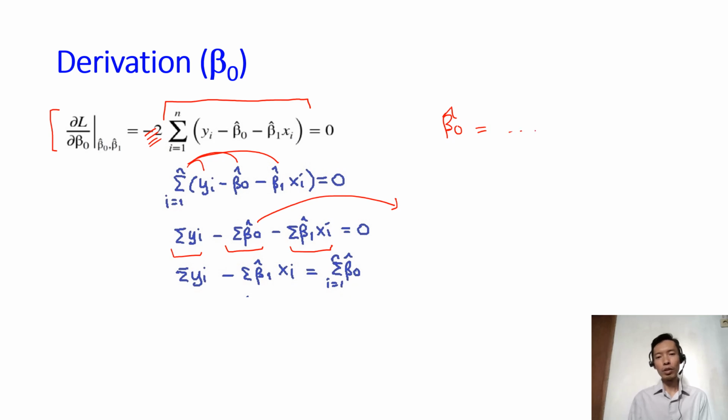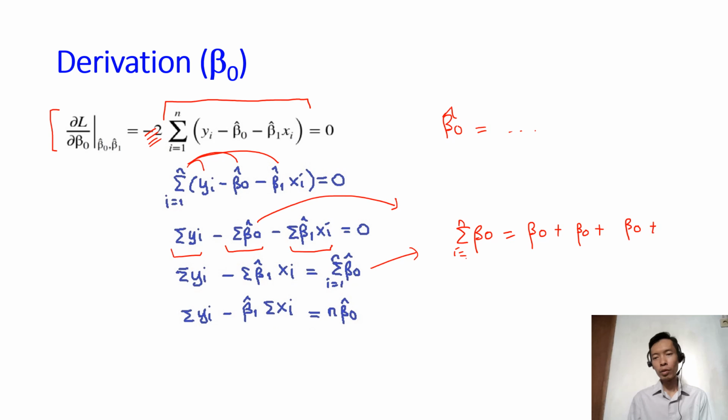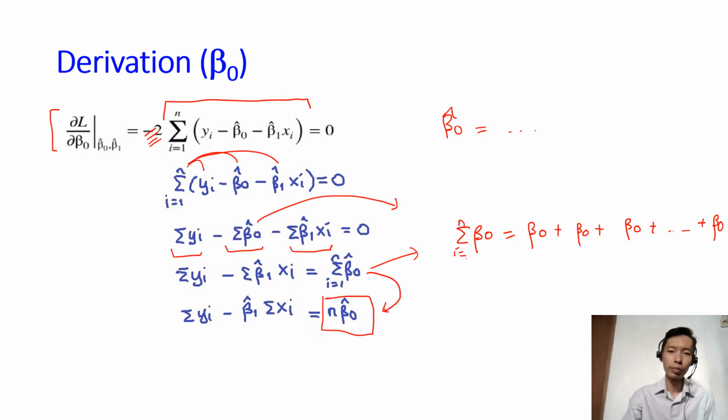So we just move it to the other side, and then here we see that this thing here, sigma beta 0 from i equals 1 to n, equals beta 0 times beta 0 times beta 0 ... n times. So we say this thing here equals n times beta 0.